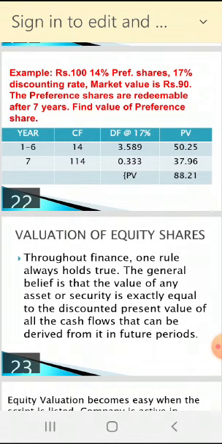On a debenture or bond, interest is fixed. On a preference share, dividend is fixed. But on an equity share, there is no fixed dividend. So it becomes somewhat difficult to value equity shares. That we'll see in the next 5th part of our unit number 1, that is valuation of securities.